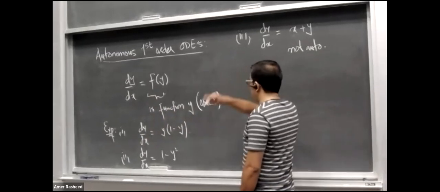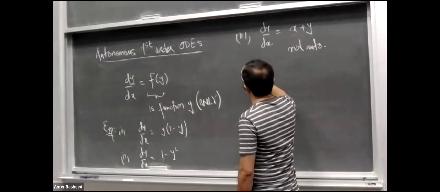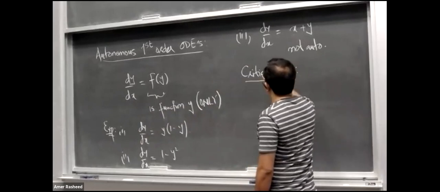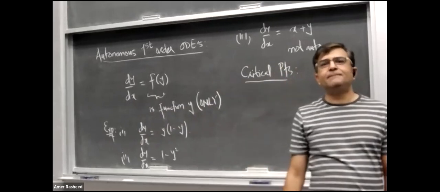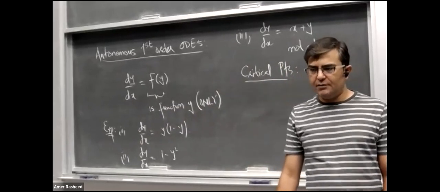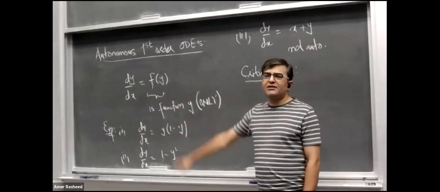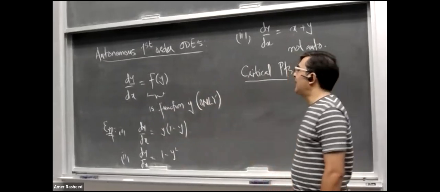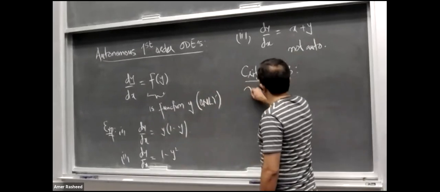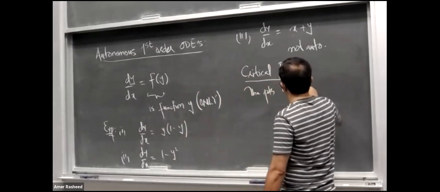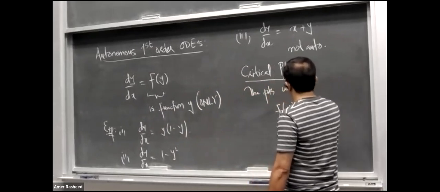Now we are going to discuss critical points of the first order differential equations. Critical points only exist for autonomous differential equations because the points where f of y is 0.